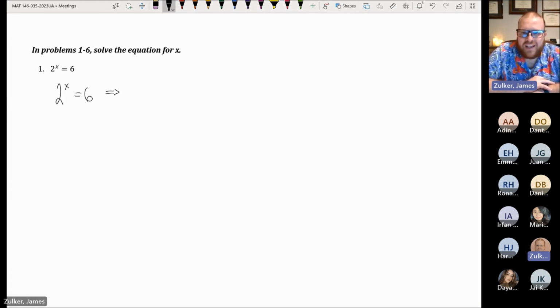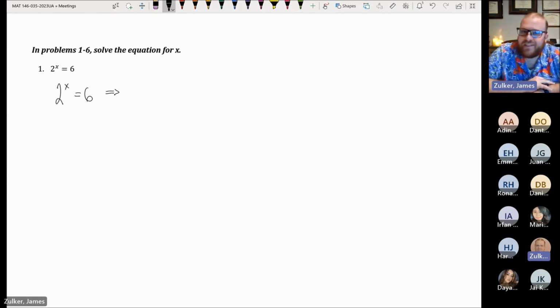How do you undo an exponential function? That's a power function. Log.